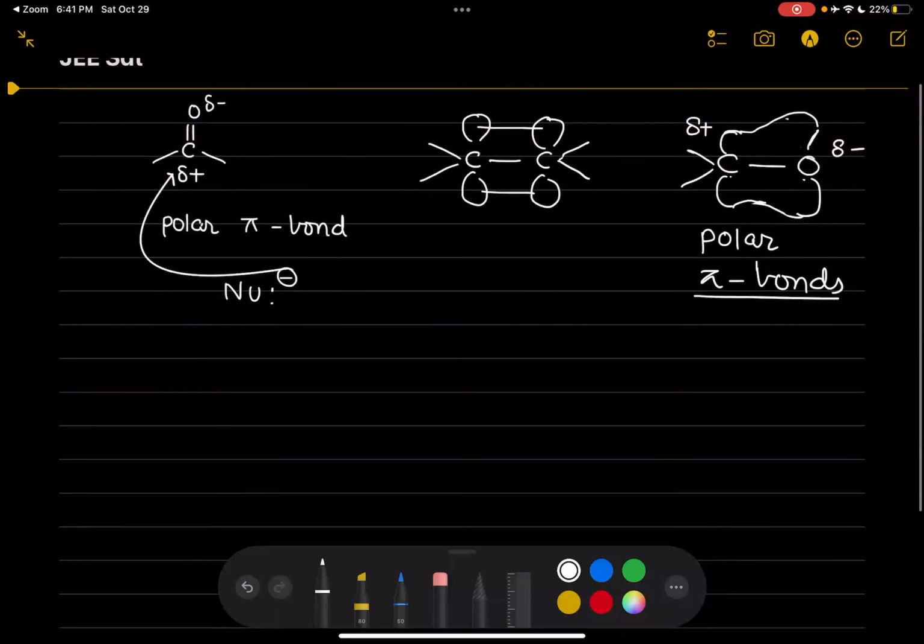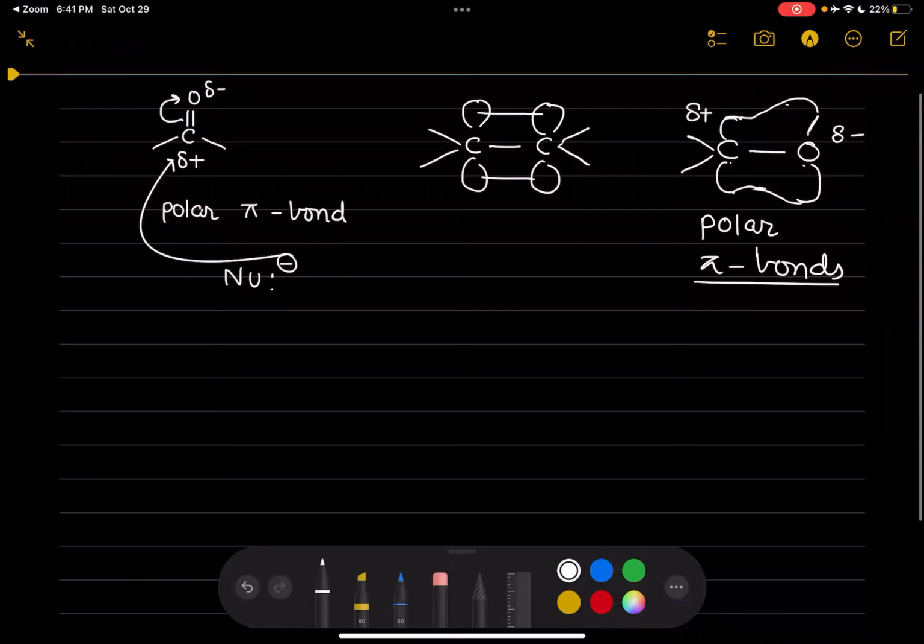But there is one problem: carbon can make only 4 bonds, that we know. If someone is coming and joining itself to the carbon, we need to push aside that pi bond. Okay. Like this.